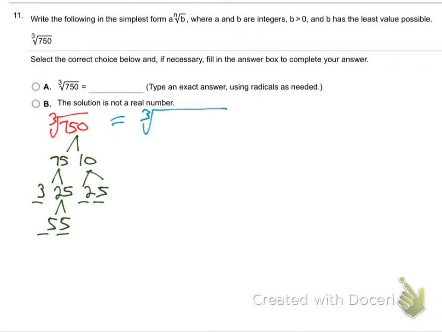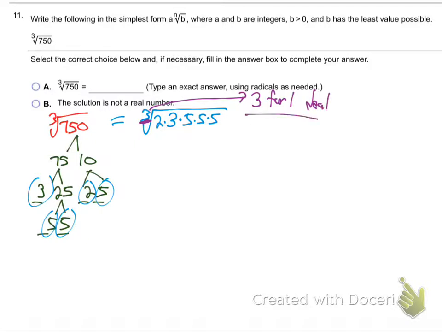So that's the cube root of, let's just put them in order: 2, 3, and then 5, 5, 5. Okay, so now this 3 that's in the hook is a 3-for-1 deal.